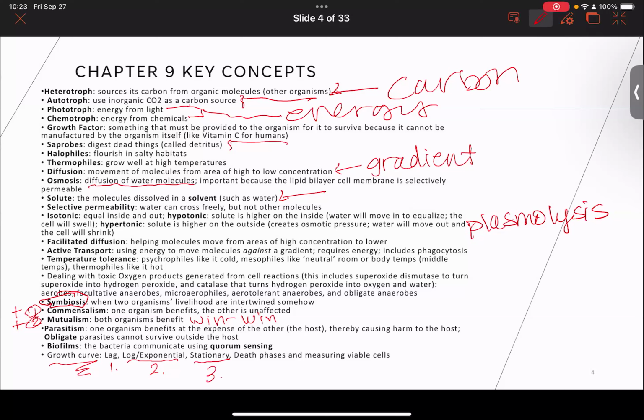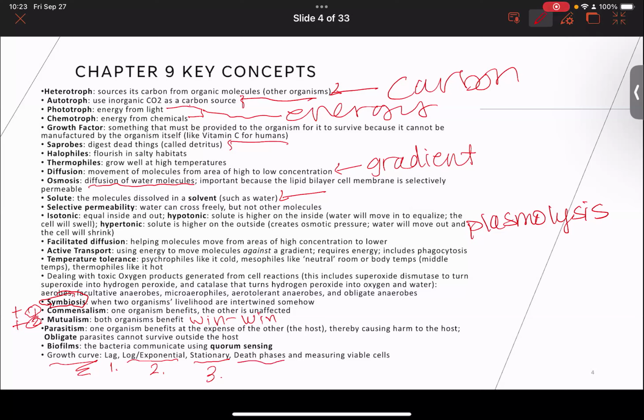This is basically where your growth is going to be slowing, and you might have some cell death, usually just because the cells are getting older and some of the nutrients are getting used up. It'll flatten out because your growth and your death or lack of growth are going to equal out.